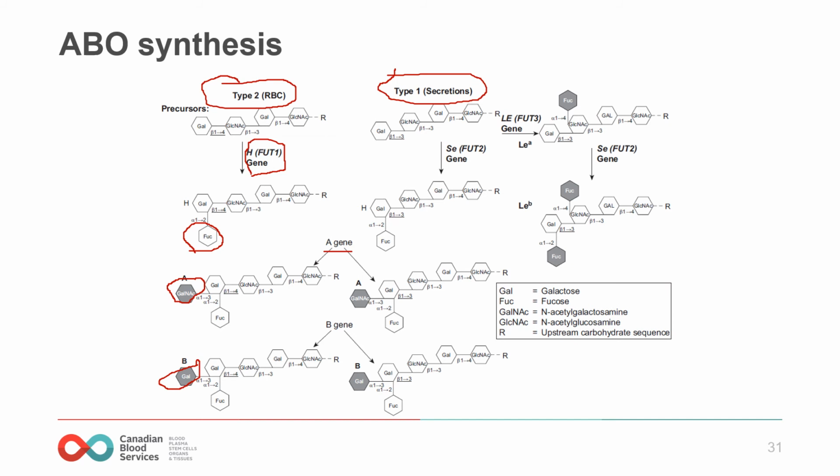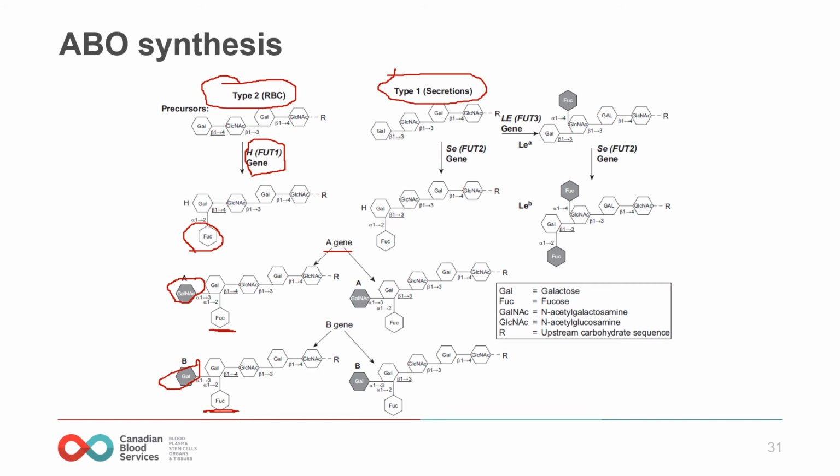And if you try to type someone with Ulex europaeus, which is the H antigen lectin, you'll actually have more binding with the A2 versus the A1. And the reason is that this A here will kind of block this fucose, which gives you the H. So the more A you have or the more B you have, the less H you can bind usually.